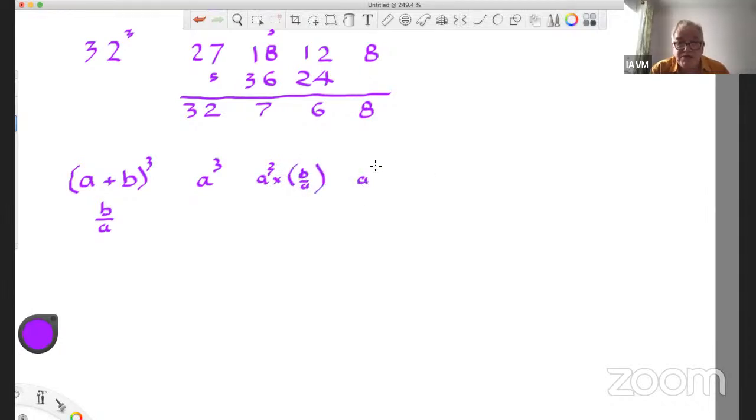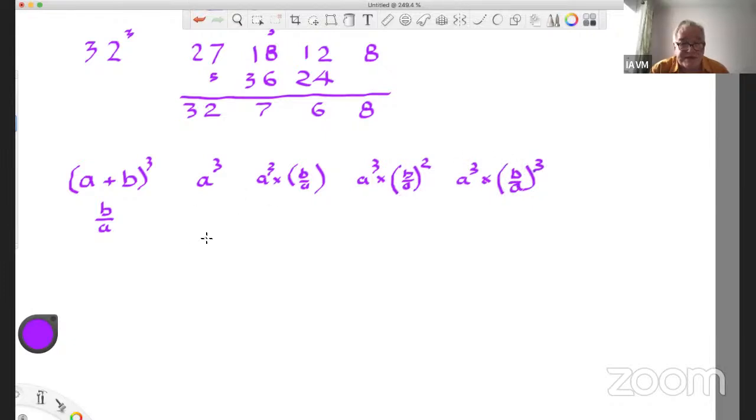And then A cubed times B over A times B over A again will be B over A squared. And then A cubed times B over A cubed.